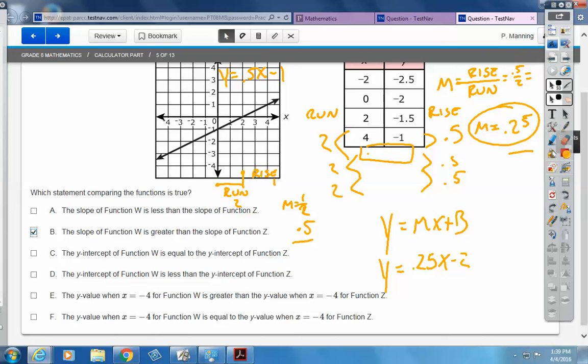When x is -4, we go down here, and y is -3. So for function w, we have a y value of -3. For z, we have to go back in the table a little bit. If we go back, we notice that when x is -4, y is also -3. Which means that they must be equal, which is F. So there we go.